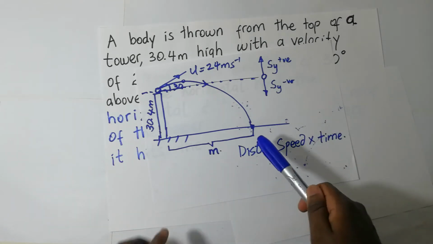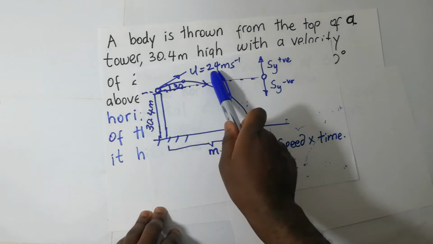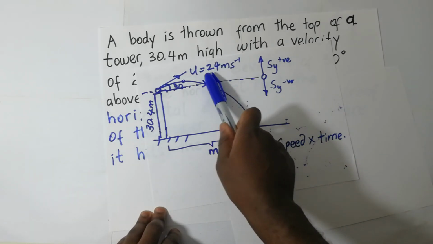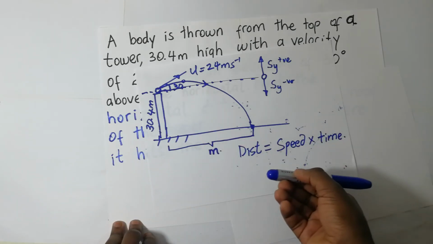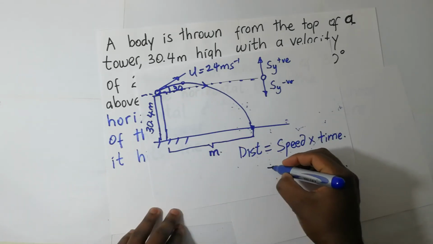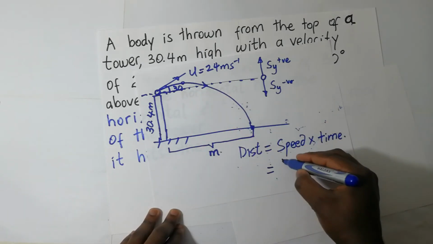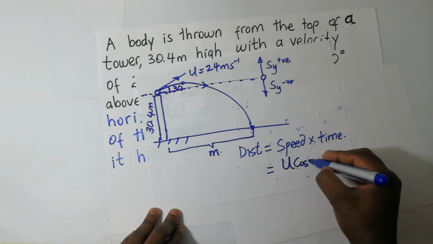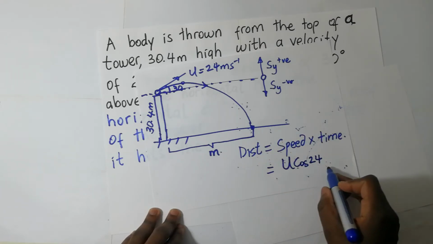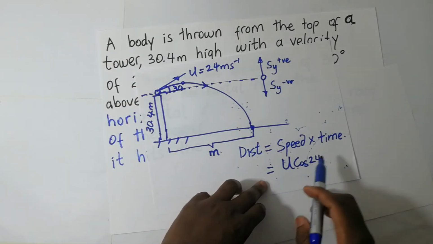So it means that to find the distance, we need the speed, and in this case, we are supposed to resolve this speed in the horizontal direction. So the distance here is going to be equal to the speed, which is u times cosine of 24. This u times cosine of 24 is the speed in the horizontal direction.